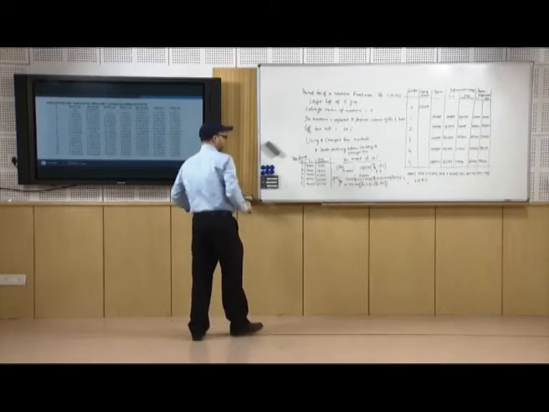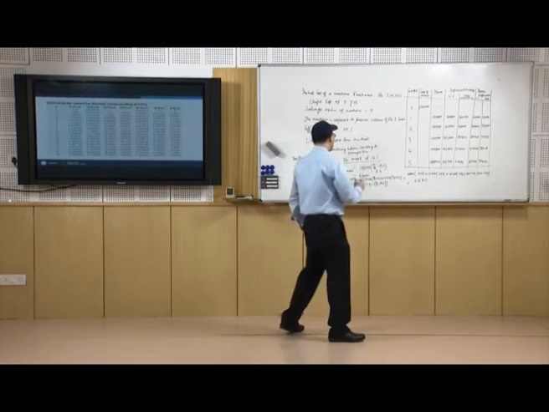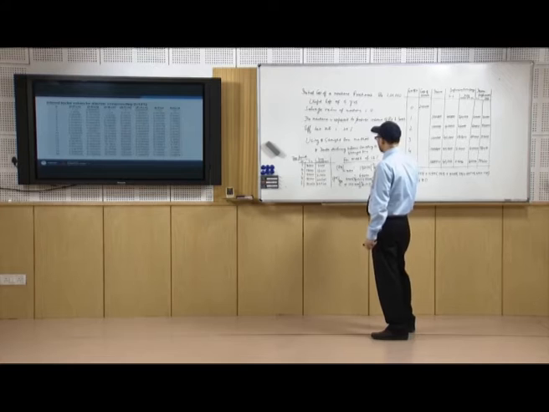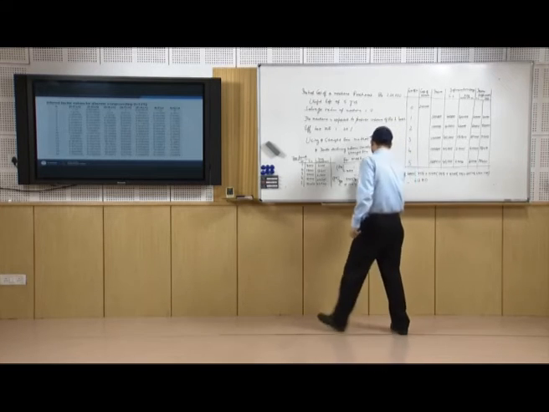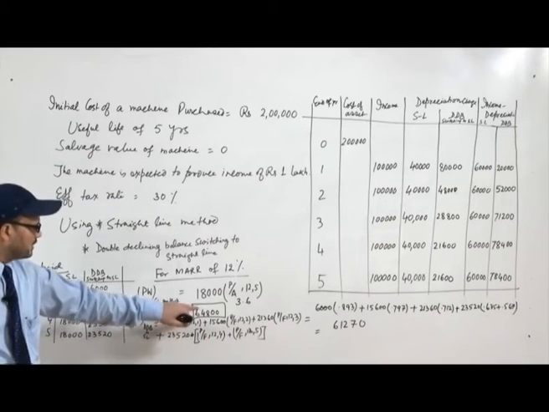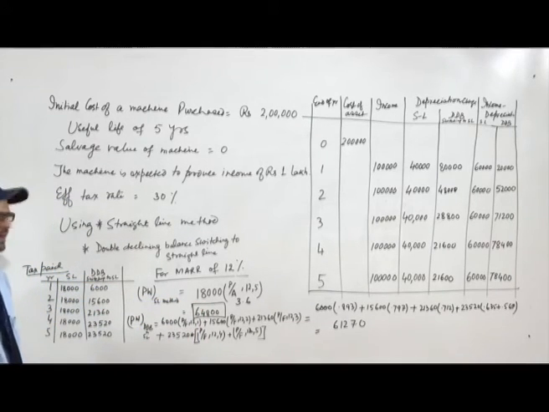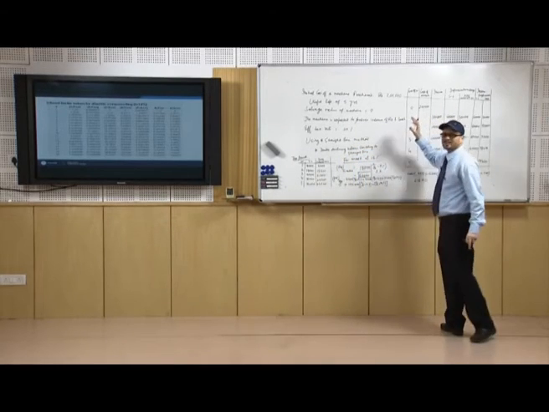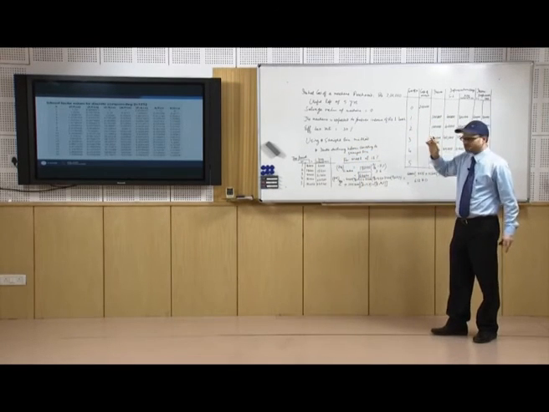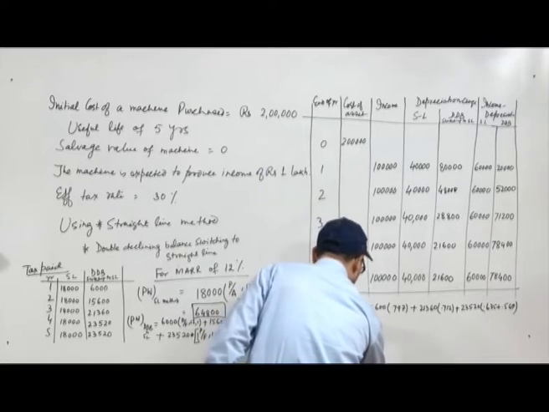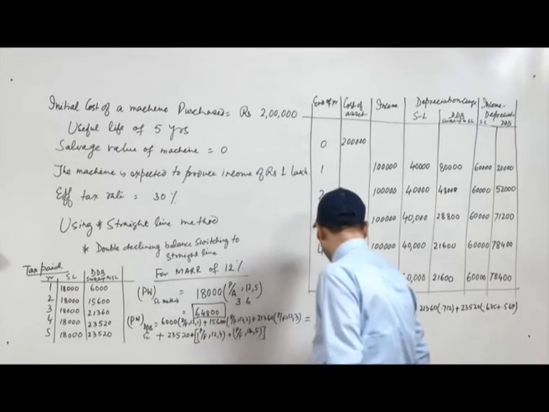Now, what we see here is that using the straight line method, the present worth value of the money we have paid is 64,800, whereas if we use the accelerated method of depreciation, we are paying 61,270.